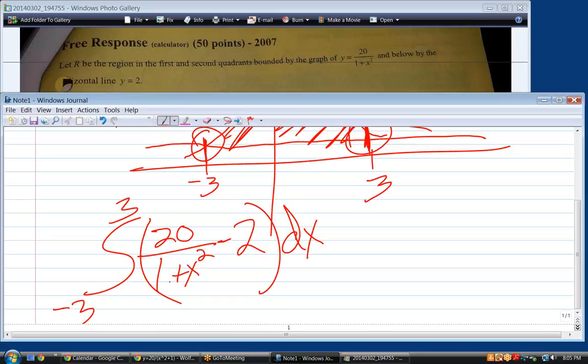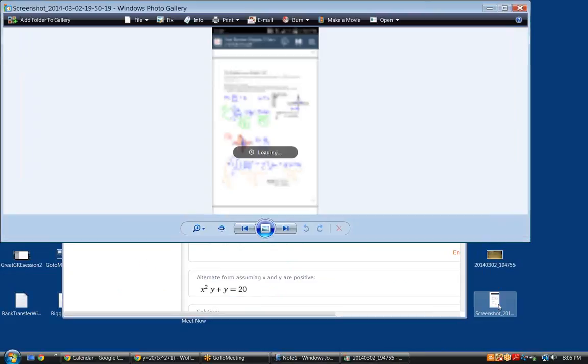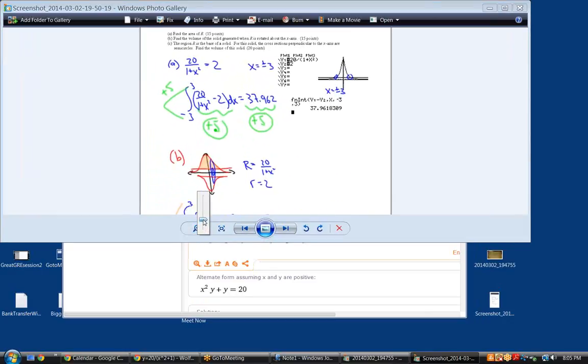I could certainly take this 20 outside the integral and make it 1 over 1 plus x squared. All right, I'm looking at that 37.96. I'm just checking to see if that's what she got. Yep. Let me open my answer. Got it right. This is just a screenshot of the answer sheet. Okay.